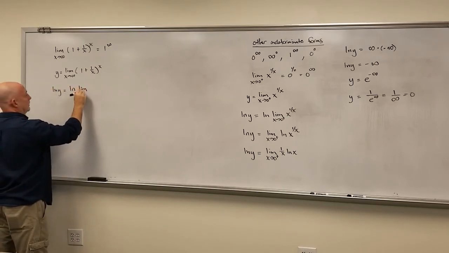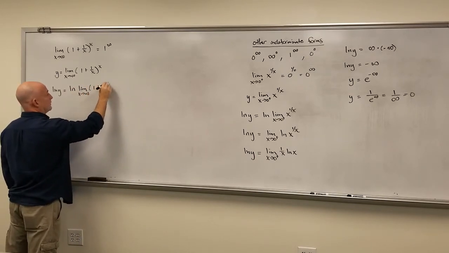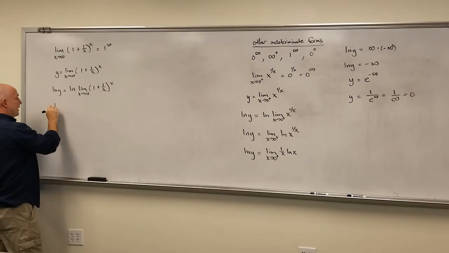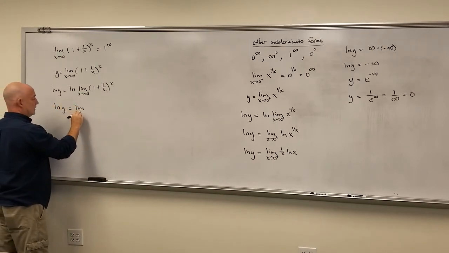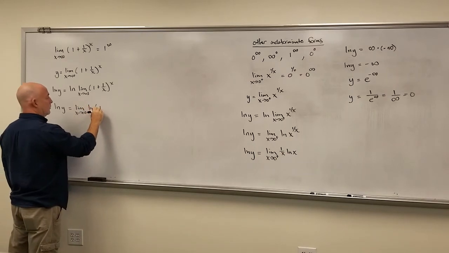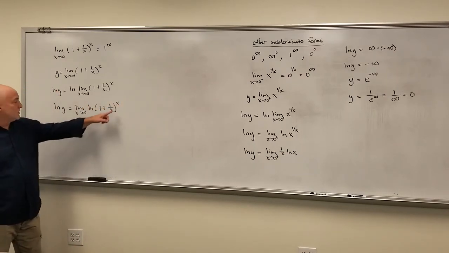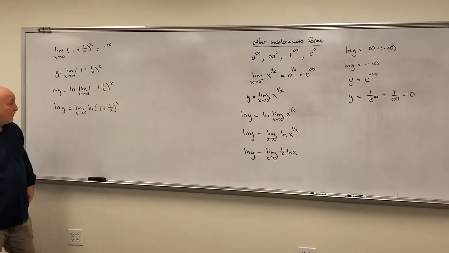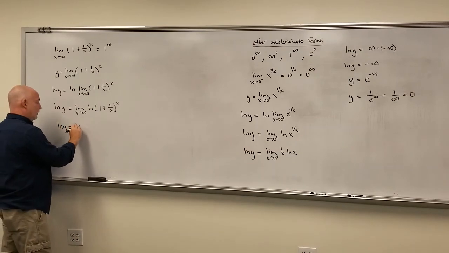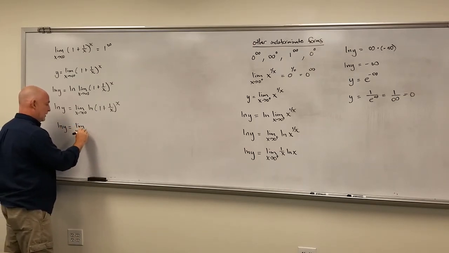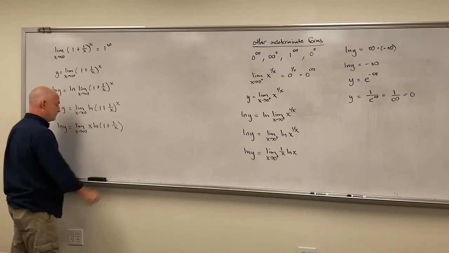The log can pass through that limit, so the limit as x goes to infinity of log of 1 plus 1 over x to the x. Now remember, the reason that we do this is so that we can bring down that exponent. So this is the natural log of y is equal to the limit as x goes to infinity of x times the natural log of 1 plus 1 over x.